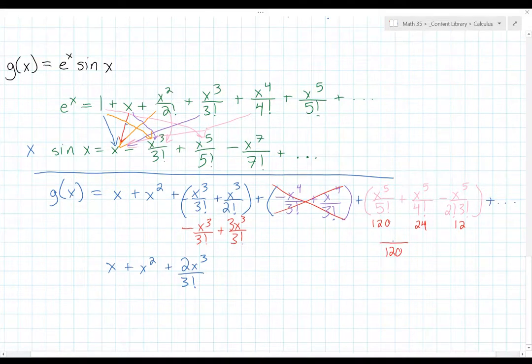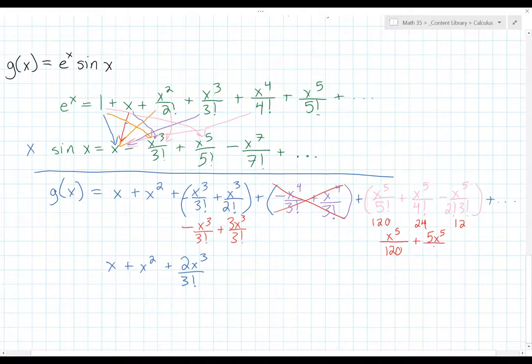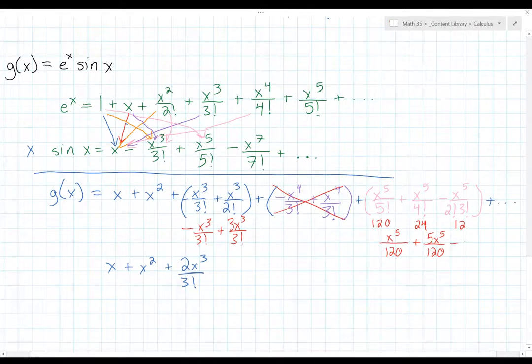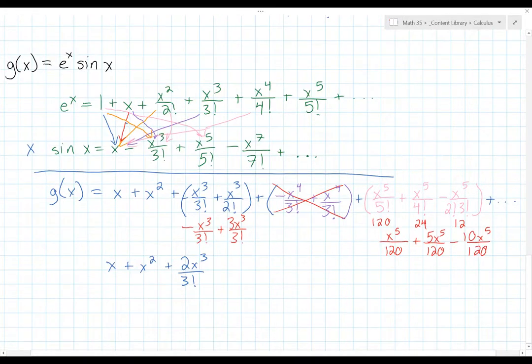So I've got x to the power of 5 over 120 plus 5x to the power of 5 over 120 minus 10x to the power of 5 over 120. So that is going to end up being negative 4x to the power of 5 over 120.